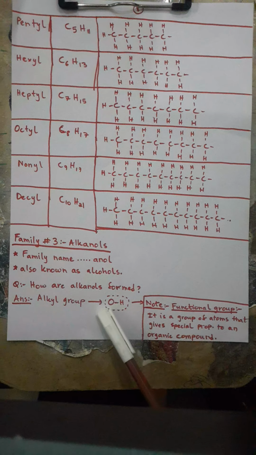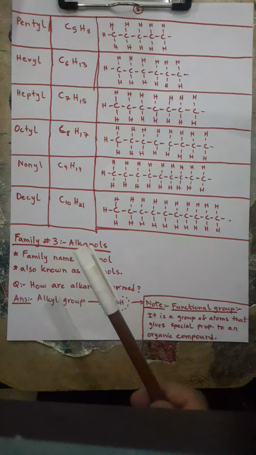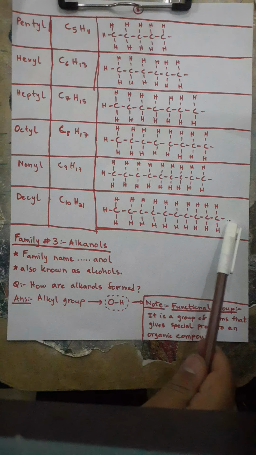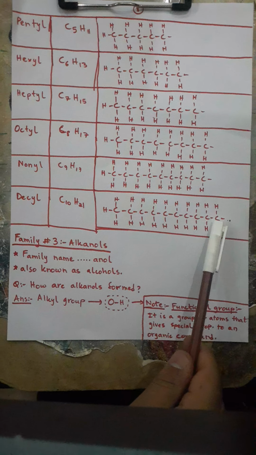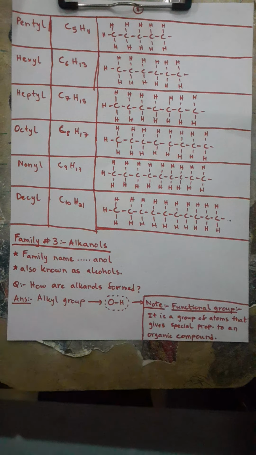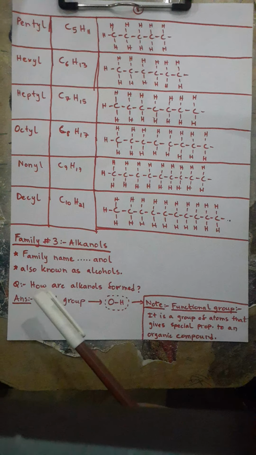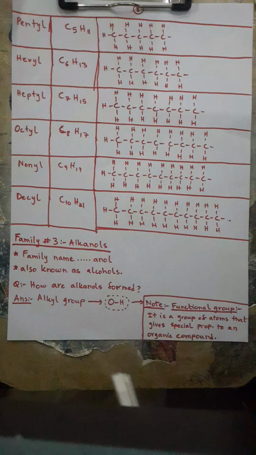Oxygen has 2 free valence electrons, so it forms 2 single covalent bonds, one with hydrogen and one with carbon, and this hydrogen has 1 free valence electron and it forms 1 single covalent bond with oxygen. And carbon also forms 4 single covalent bonds when it is attached to the OH group. So now it's a complete bonding, so it's an organic family that is known as alkanols.